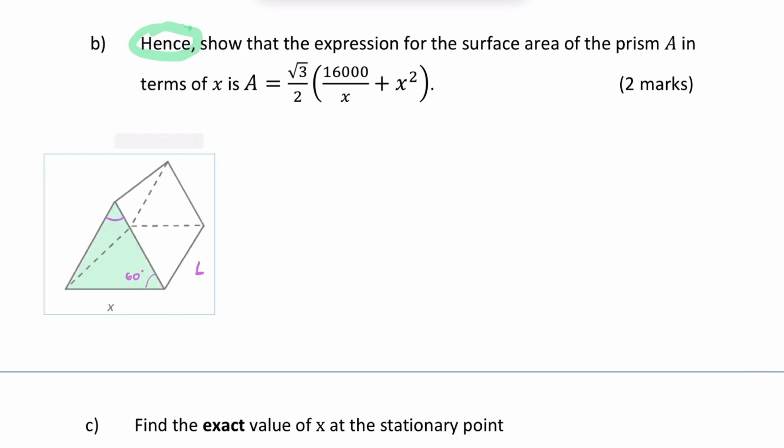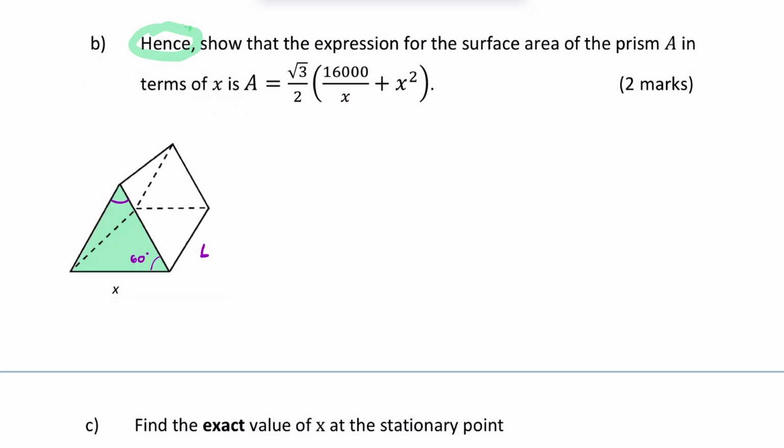three rectangles, right? So the surface area is a triangle at the front, a triangle at the back, and there are three rectangles. That's the first rectangle, that's the second rectangle, and that's the third rectangle.